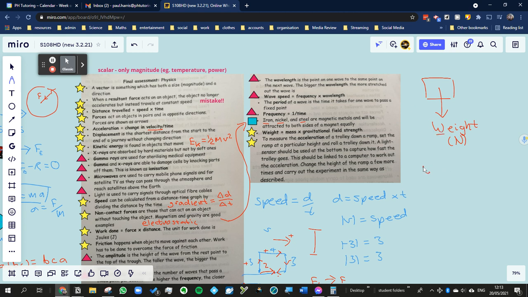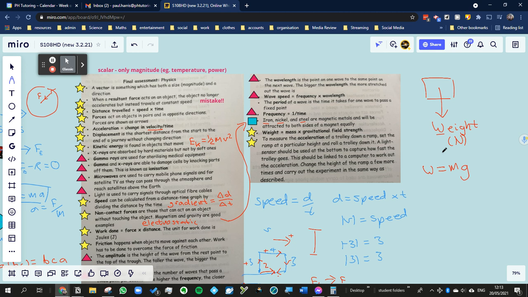And I can calculate weight, as it said, by mass times gravitational field strength. So if there's more mass, there's more weight, or if there's more gravity, there's more weight. I take the same object, like a 1 kilogram mass, and I take it to the moon, and I find it's easier to lift up because there's less weight, because that's what weight means. So the mass stays the same no matter where you are in the universe, providing you haven't chipped bits off it or broken bits off it.